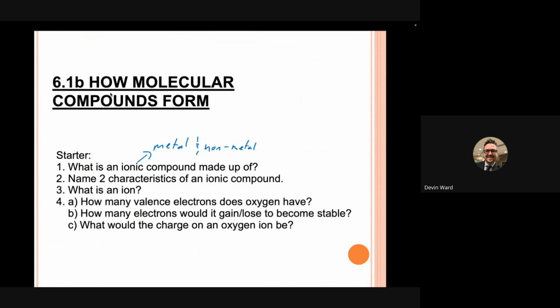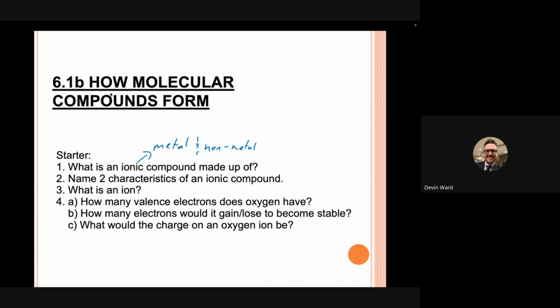Remember, metals are everything on the left side of the periodic table, left of that staircase looking thing, which were metalloids. Everything on the right are non-metals. So we're only going to be dealing with a couple of elements here, because there's fewer elements that are non-metals on the right side of the periodic table.